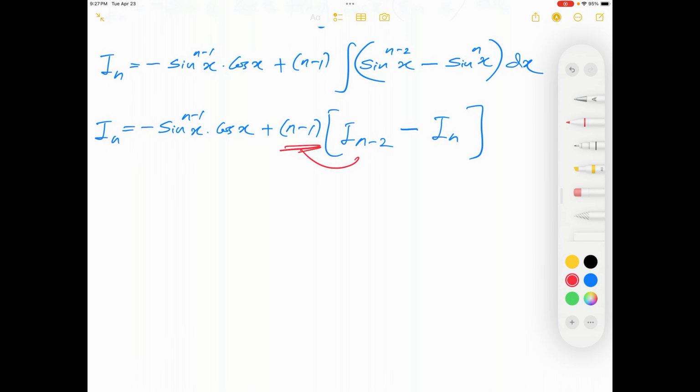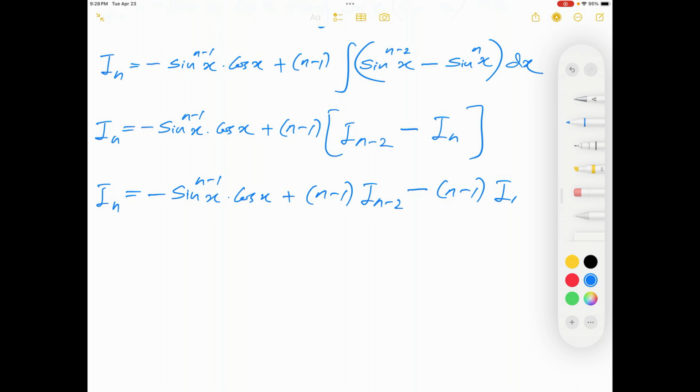Alright, now I need to distribute that n minus 1 into these two pieces. I sub n is therefore equal to negative sine n minus first power x cosine x plus n minus 1 times I sub n minus 2 minus n minus 1 times I sub n. Now we will take this negative n minus 1 times I sub n to the left hand side.